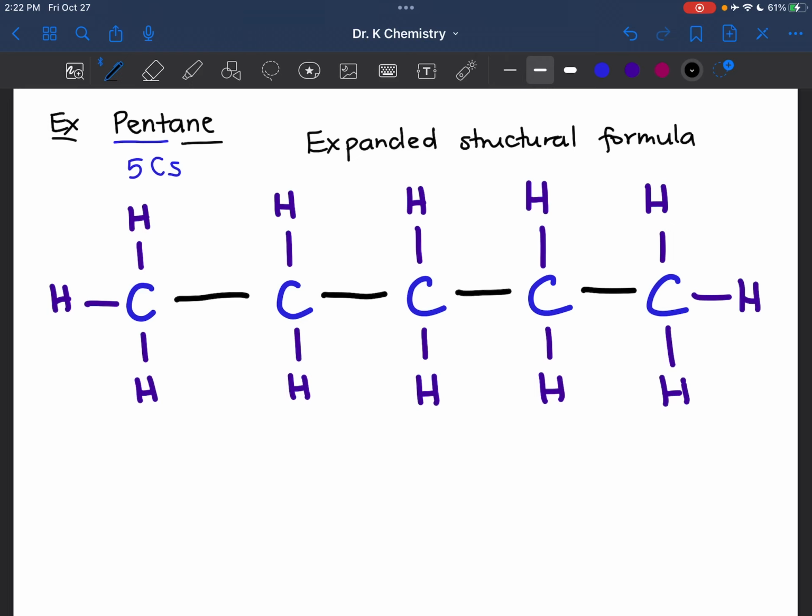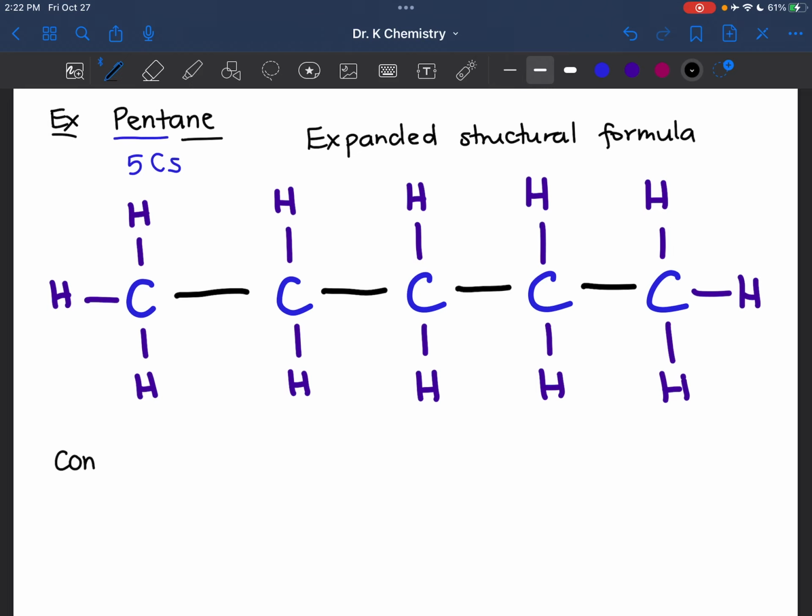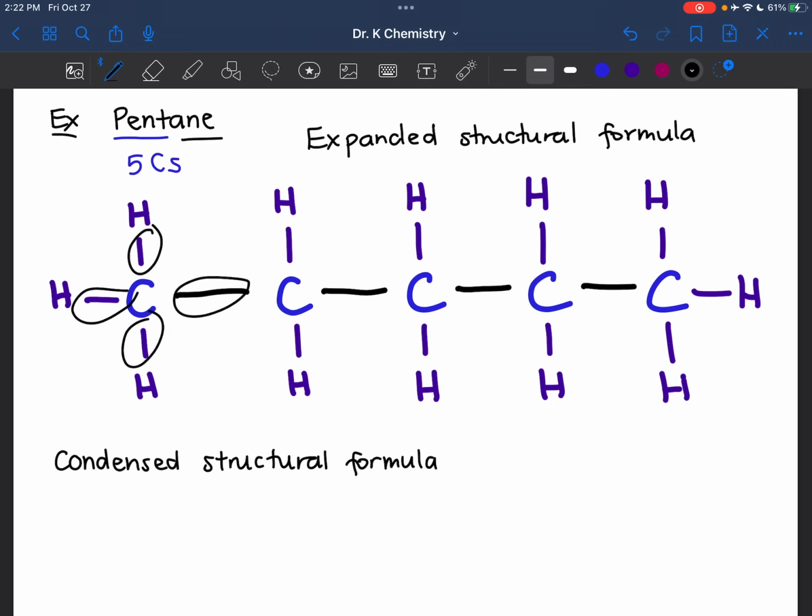You can take the expanded structural formula and collapse it down into what we call a condensed structural formula. In the expanded version, you can see all of the bonds and how the atoms connect to each other.